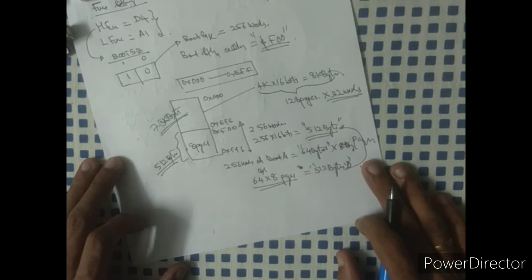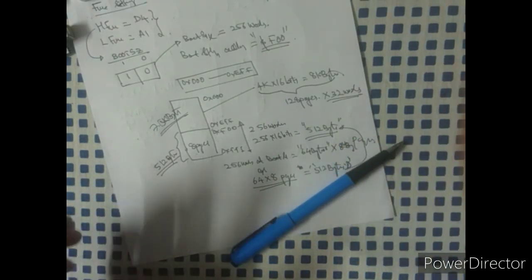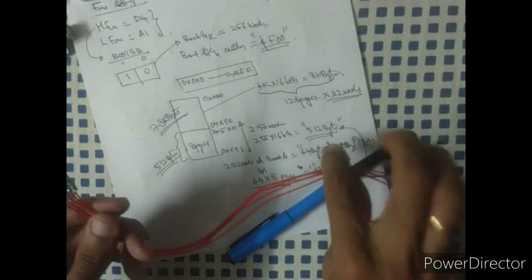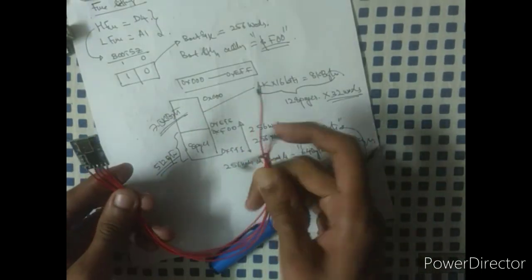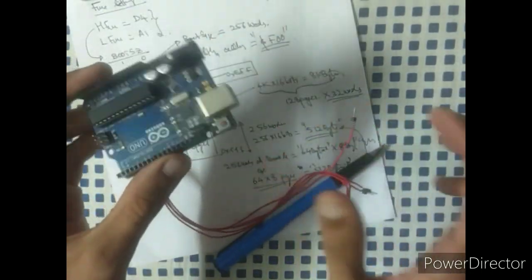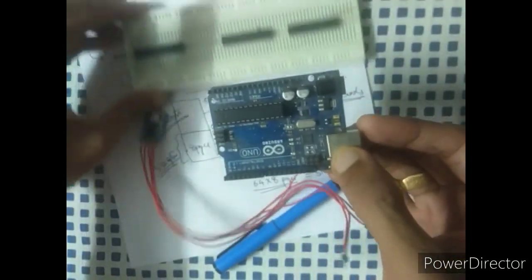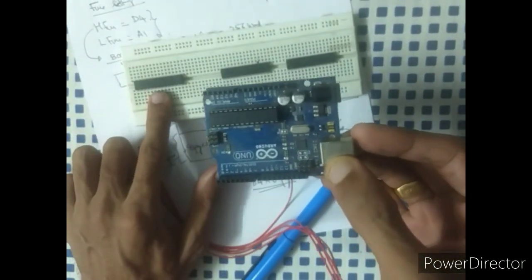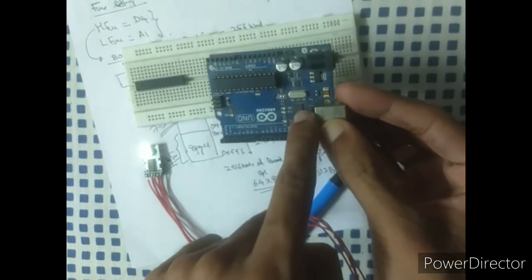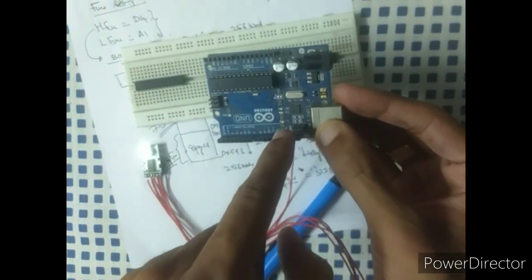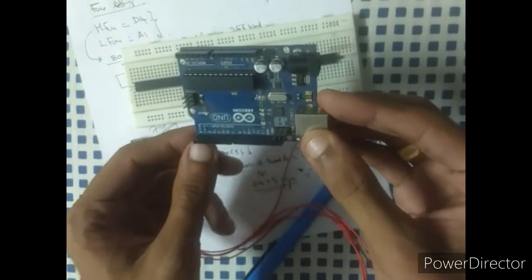Okay, so now I'll just demonstrate. It's already known to all that in my last video I showed how to program this Atmega 8 microcontroller with the USB to serial converter available on the board of this Arduino Uno.